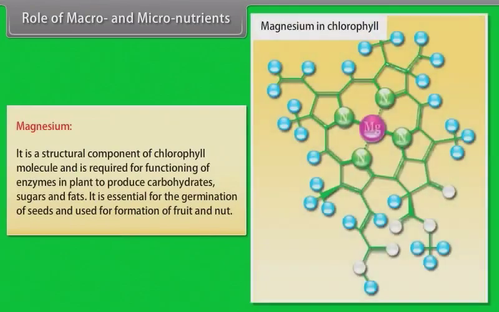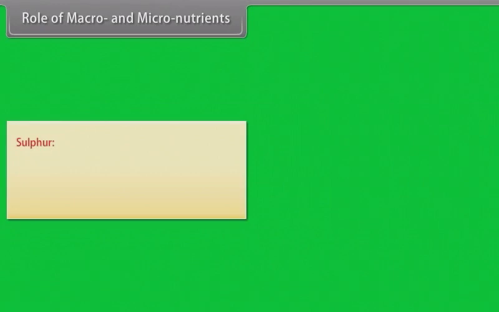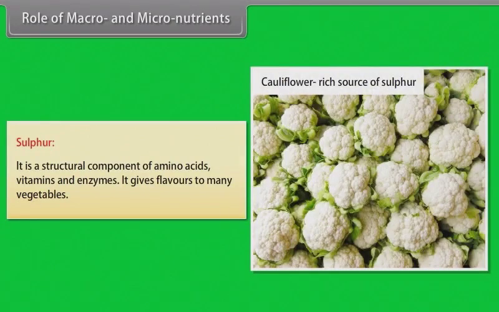It is a structural component of the chlorophyll molecule and is required for functioning of enzymes in plants to produce carbohydrates, sugars and fats. It is essential for the germination of seeds and used in formation of fruits and nuts. Sulfur. It is a structural component of amino acids, vitamins and enzymes. It gives flavor to many vegetables.